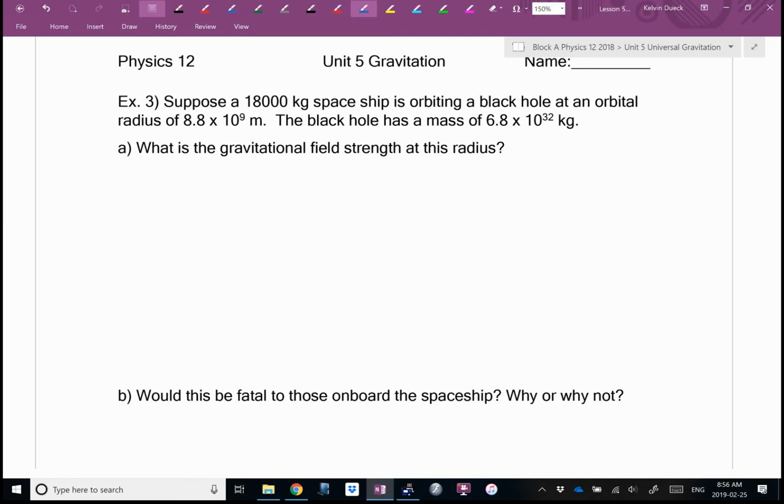What's the gravitational field strength at this radius? I will be asking you a gravitational field strength question. I didn't give you the gravitational field strength formula on your sheet. Or did I?